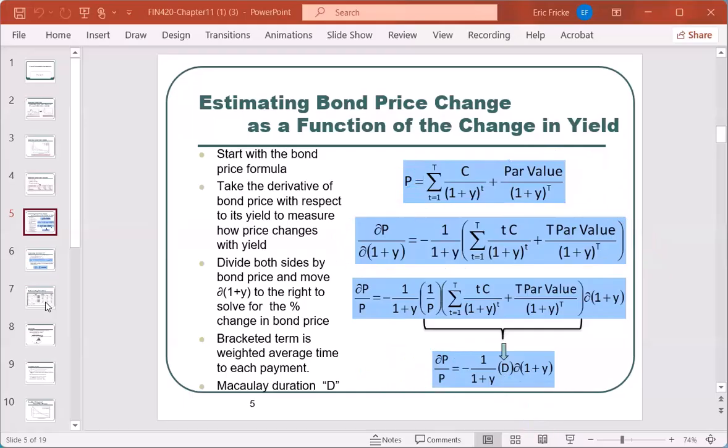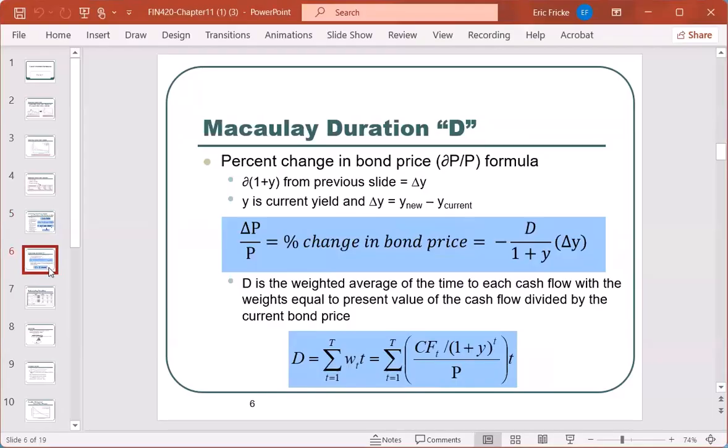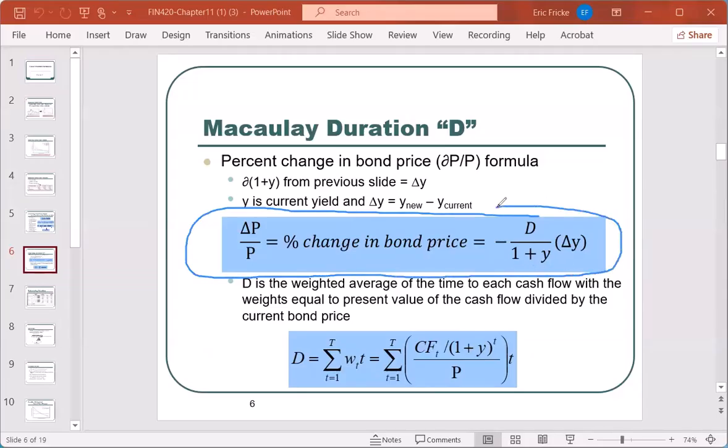You don't need to know that in detail. What we're going to do is use kind of the end formulas, if you will. So this is our basic equation we're going to use to predict the change in a bond price when the yield to maturity changes.